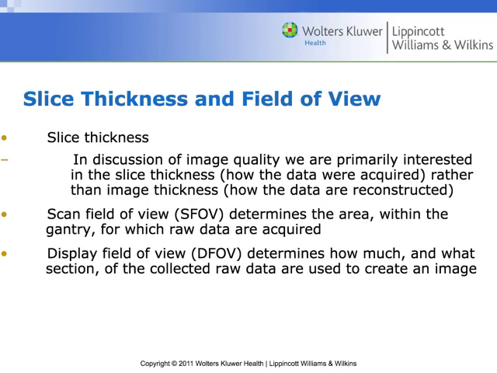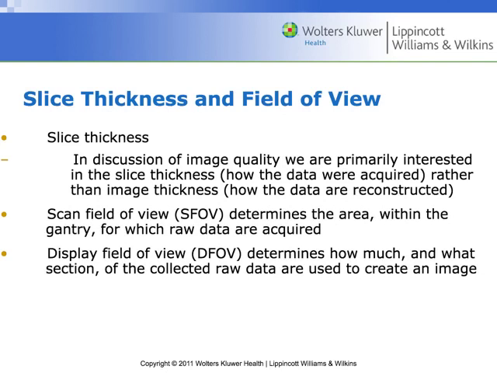So let's talk real quick about slice thickness. We're primarily interested in slice thickness, so how the data is acquired, rather than the image thickness. Image thickness is something that we can control in post-processing. Slice thickness is actually how much the scanner progressed as it took every single image that it acquired. Okay?